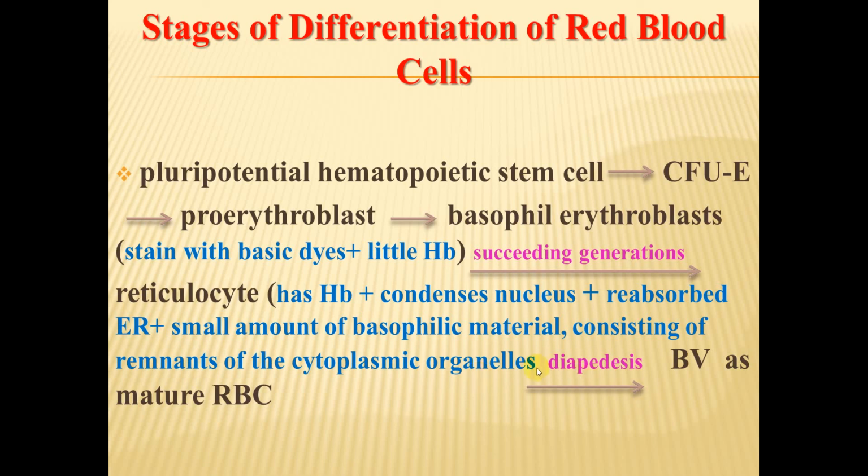And then the reticulocyte undergoes diapedesis from the bone marrow to the blood vessel as a mature red blood cell. This is the stage of differentiation of red blood cells.